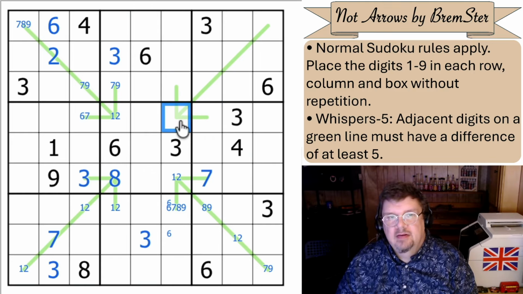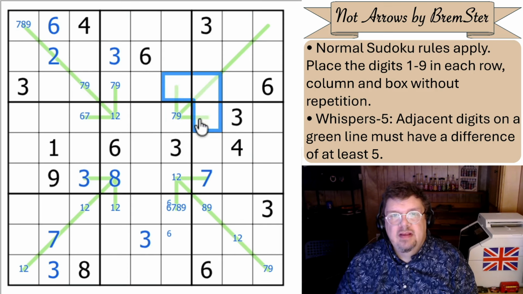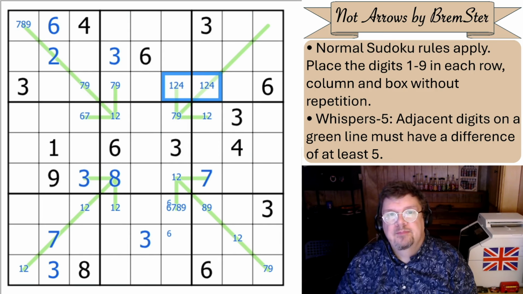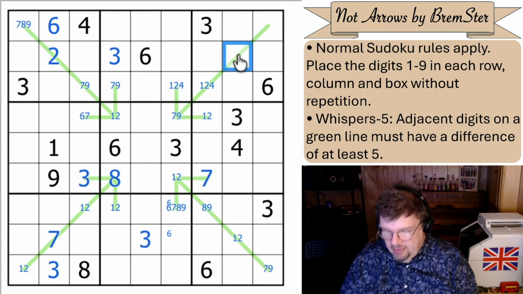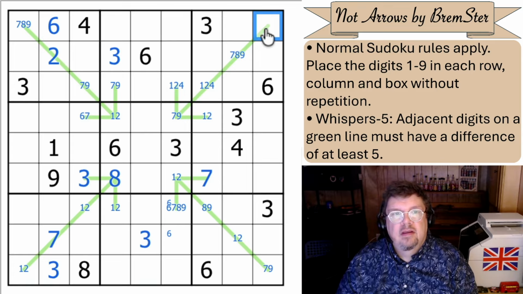So that must be a high digit. That must be 7 or 9. That makes these low. That's a 1 or a 2. These are from 1, 2, and 4. That is a high digit. That's 7, 8, or 9. That is low. That's 1 or 2.